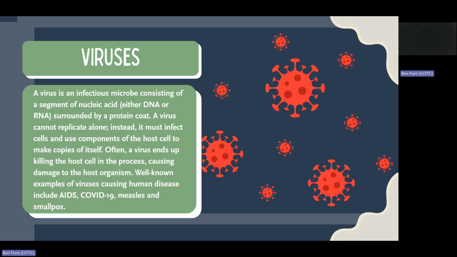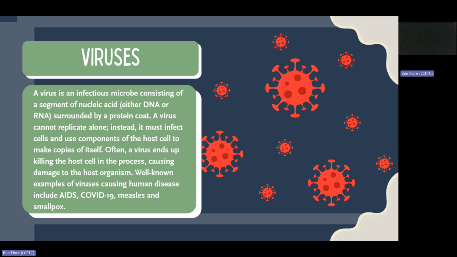So it must infect cells and use components of the host cell to make copies of itself. Oftentimes, a virus ends up killing the host cell in the process, causing damage to the host organism. Well-known examples of viruses causing human disease include AIDS, COVID-19, measles, and smallpox.